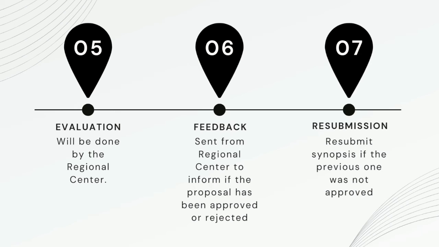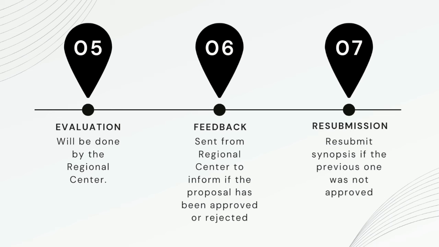If either one of them is not approved, either your synopsis or your supervisor, then you will have to change it. If your supervisor is not approved but your synopsis is approved, then you will have to find another guide who will meet all the criteria and who is willing to guide you on that selected topic. And if your guide is approved but your topic is not approved, then you will have to find another topic.